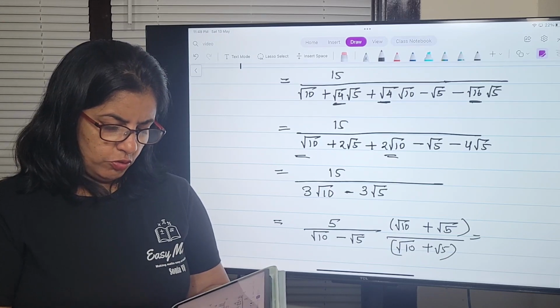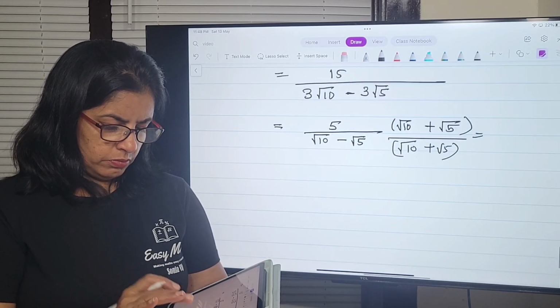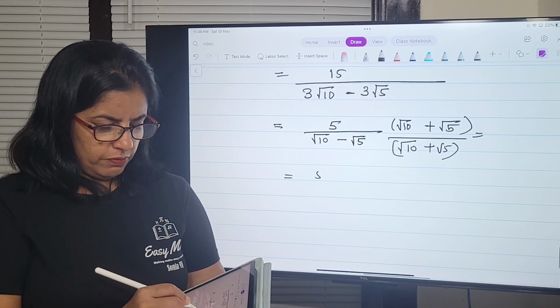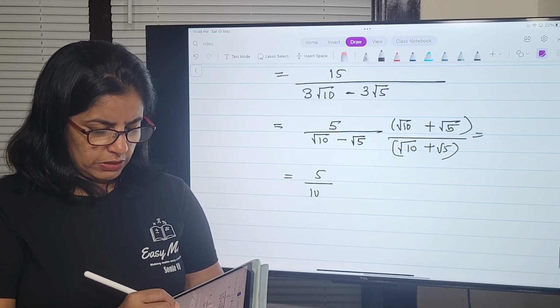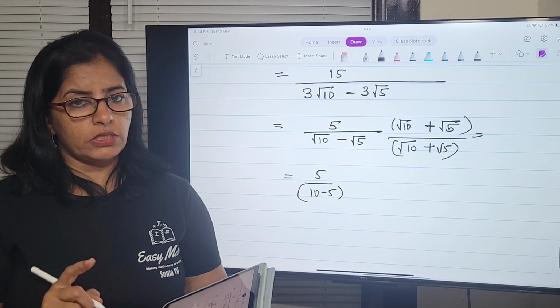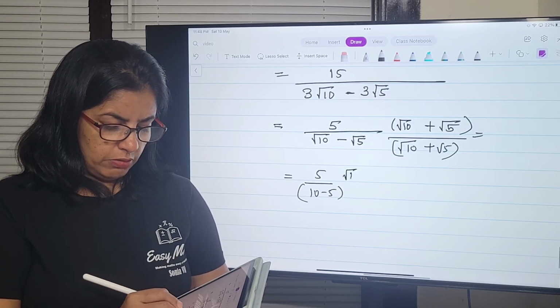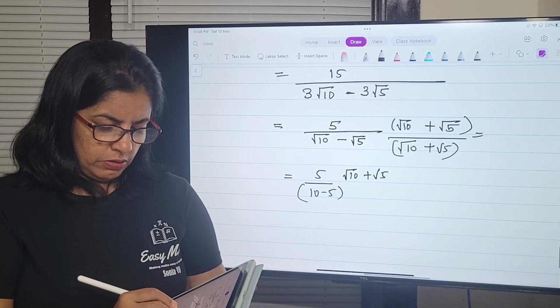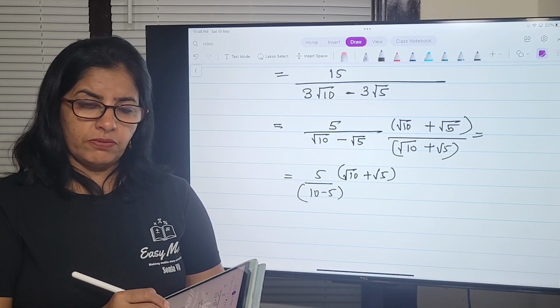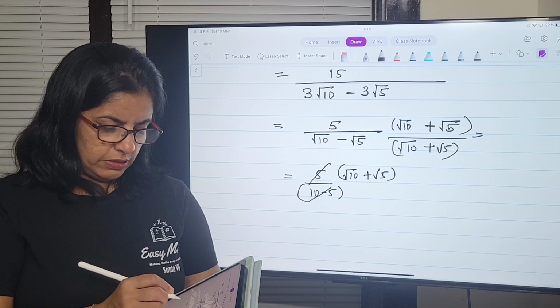So I get the numerator as 5 upon 10 minus 5. Root 10 square is 10. Root 5 square is 5. And here it is root 10 plus root 5. 10 minus 5 is 5. 5 and 5 get cancelled.